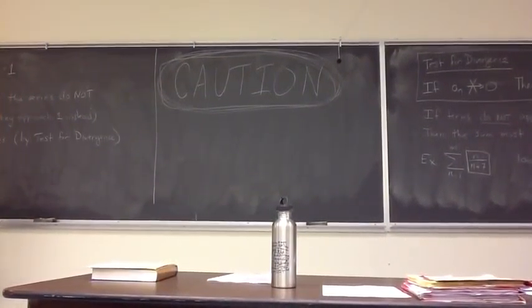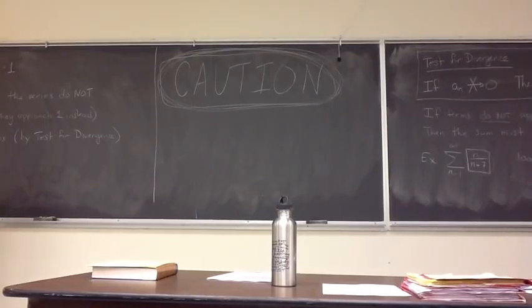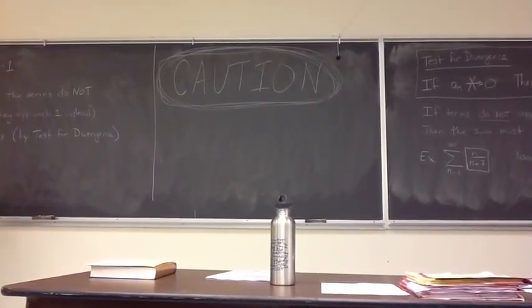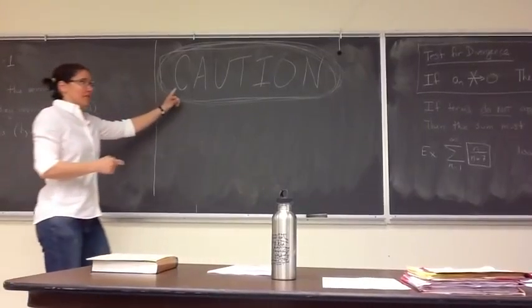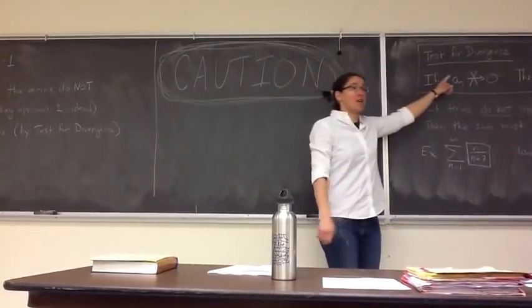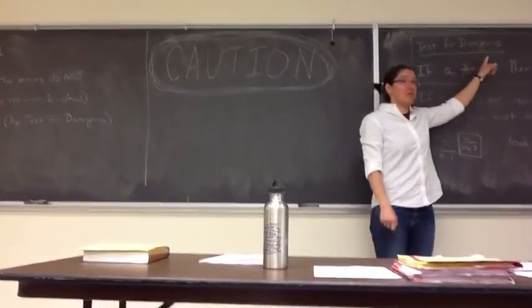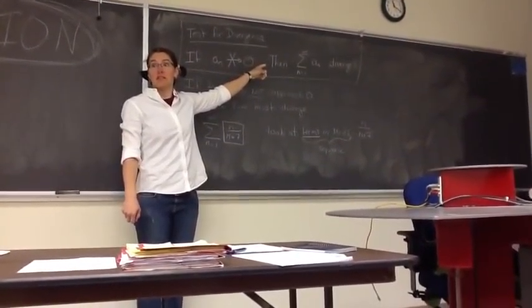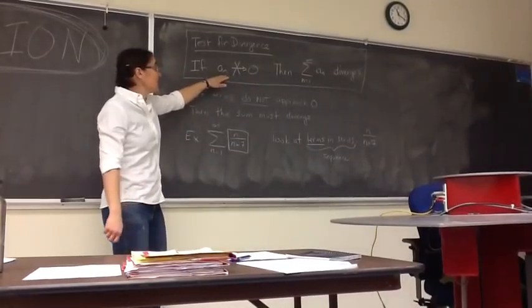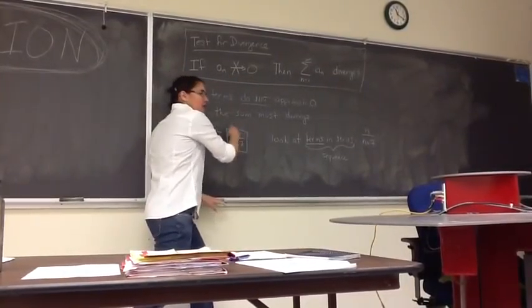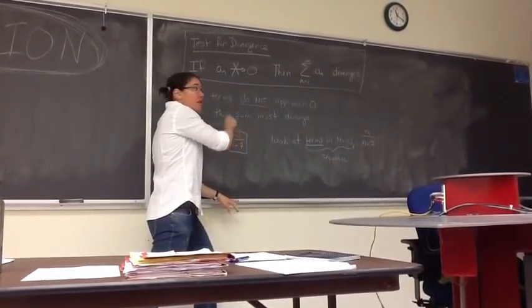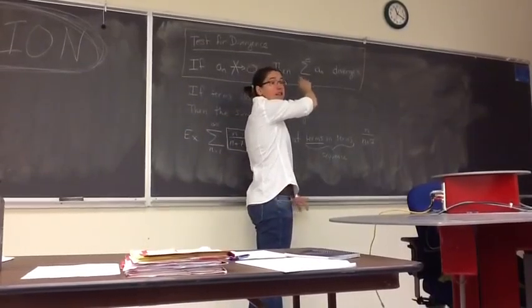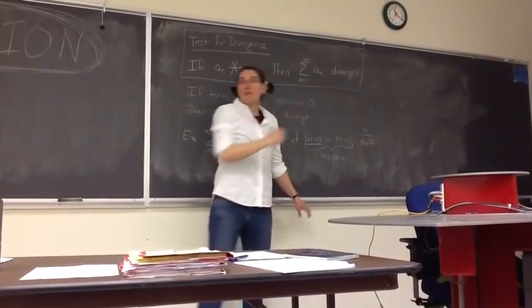And somebody will at some point, and if it happens to you, you should slap yourself on the hand, okay? Here's the caution. This test for divergence is a test to figure out if a series diverges. So in the case when the terms in the series do not approach 0, then we know that the series diverges.